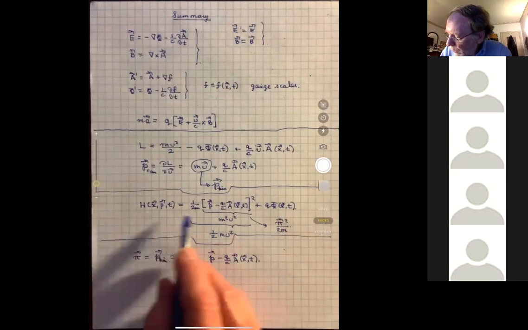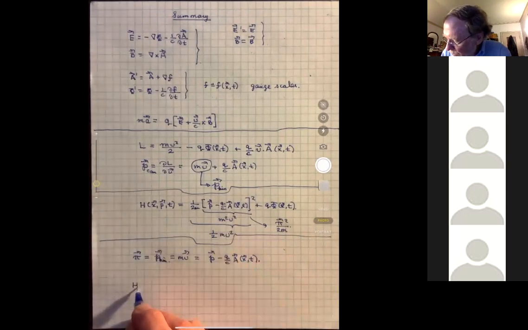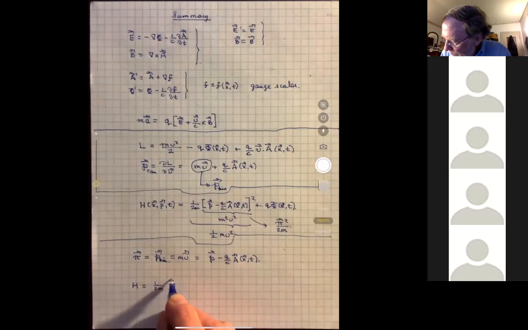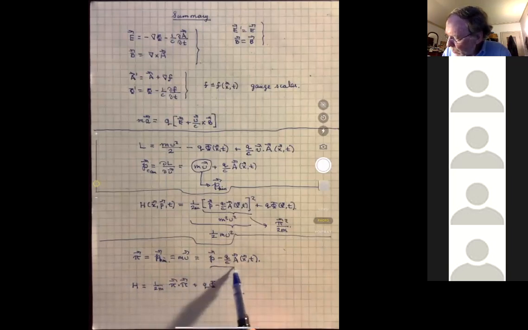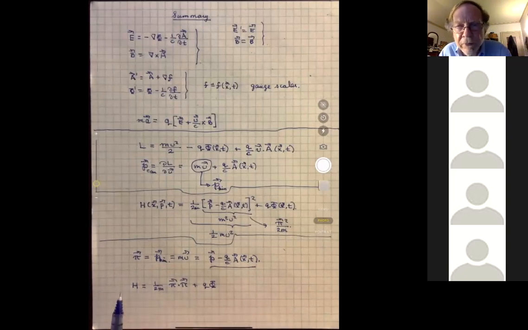One way of interpreting this Hamiltonian so that you don't have ordering issues is to commit yourself to a definite ordering. Write it as 1 over 2m of pi dotted into pi plus q phi. If you write it that way, where pi is understood as this entire expression, you've got a definite dot product of two Hermitian operator vectors, and the result therefore is Hermitian. They're identical, so they commute with each other. Remember the little theorem, a very simple theorem: the product of two Hermitian operators is Hermitian if and only if they commute.